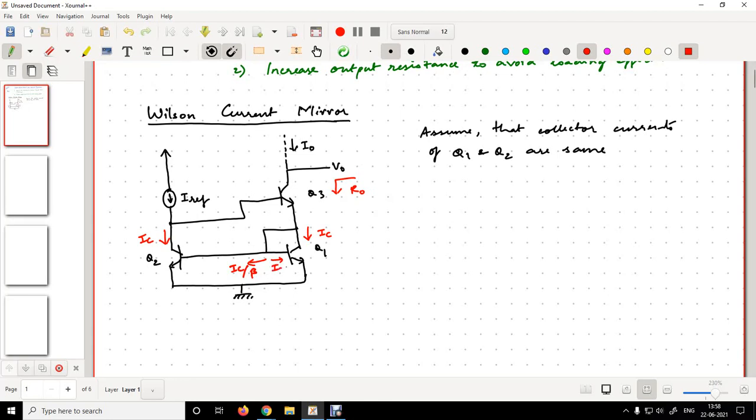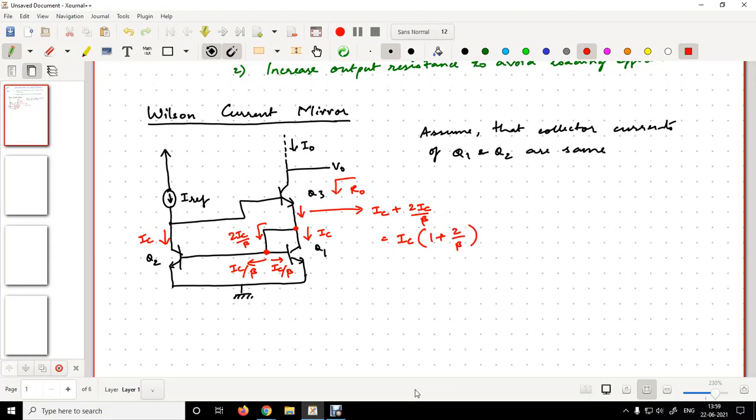If you apply KCL at this point, this current will be 2 IC by beta. Applying KCL at this point, this current will be IC plus 2 IC by beta, which is IC into 1 plus 2 by beta.